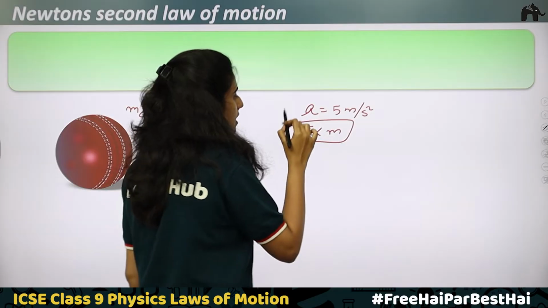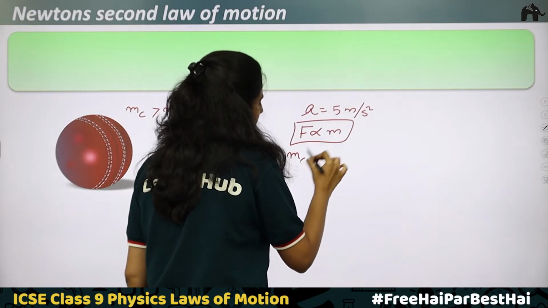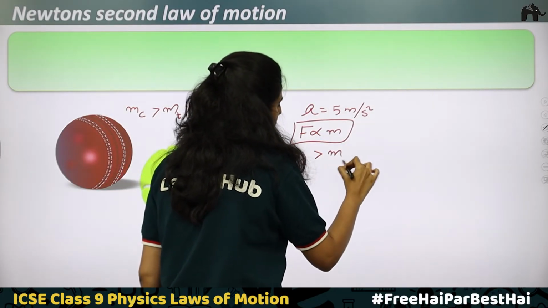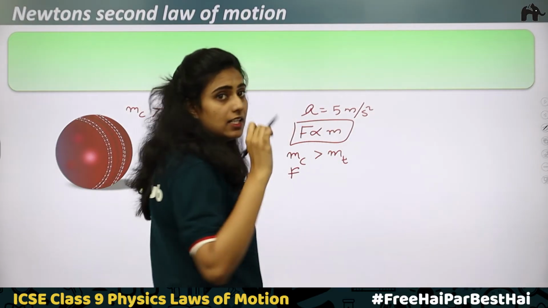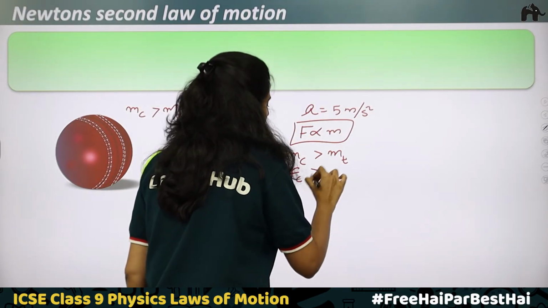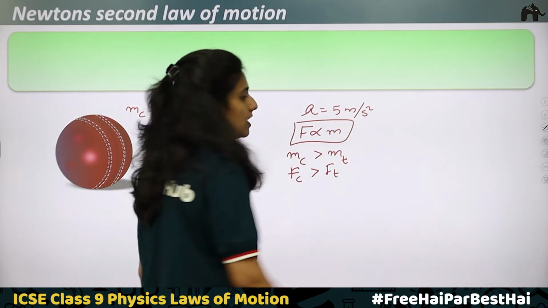Here the mass of the cricket ball is higher than the mass of the tennis ball, which means the force to be applied on the cricket ball will be greater than the force to be applied on the tennis ball.